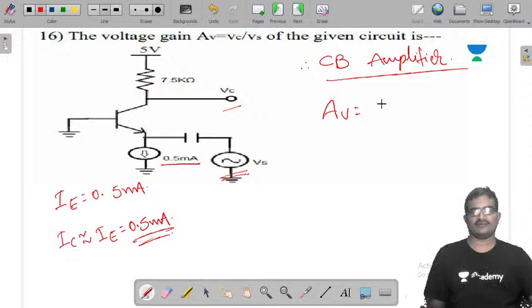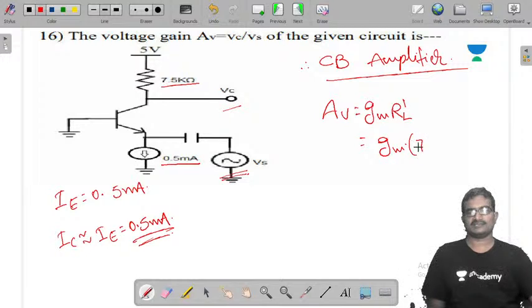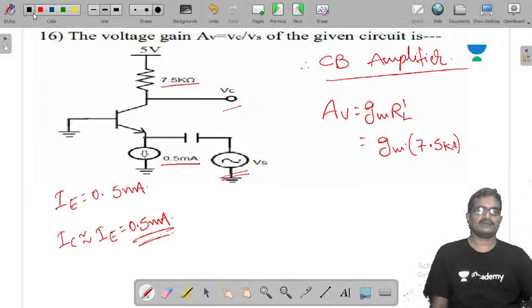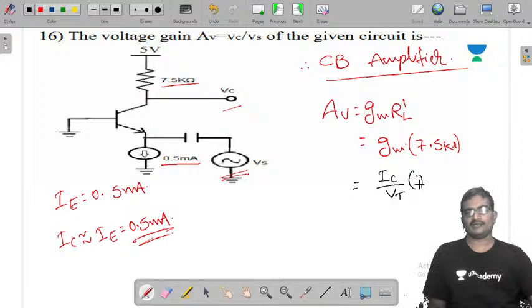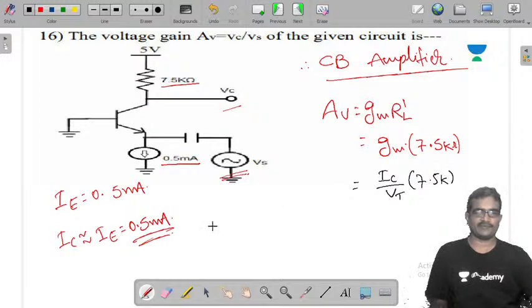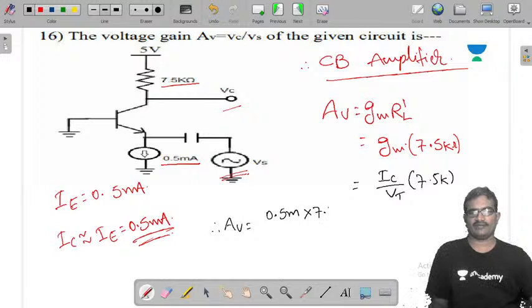Now for CB amplifier voltage gain is gm into RL dash. This is the RL here, RL dash or RL both are same. So gm into RL is 7.5 kilo ohms. So gm we know that IC by VT into 7.5k. Just substitute values. IC 0.5 milli into 7.5k by VT 25 milli.